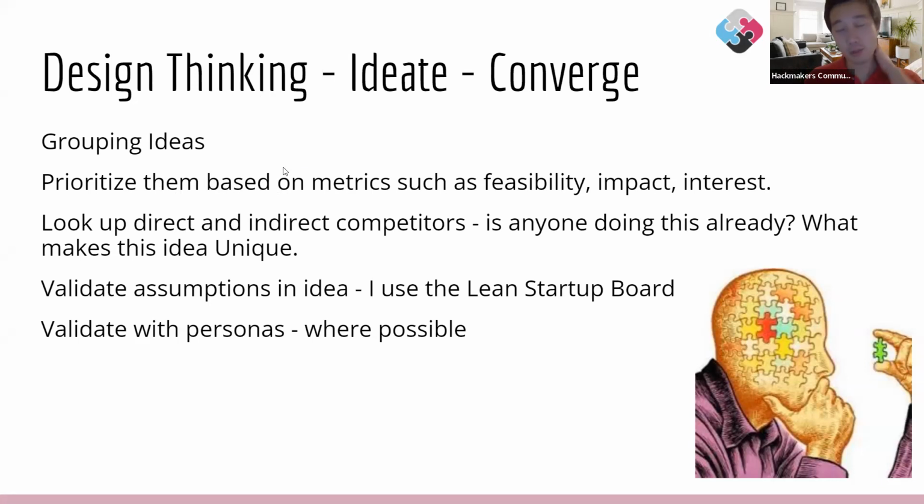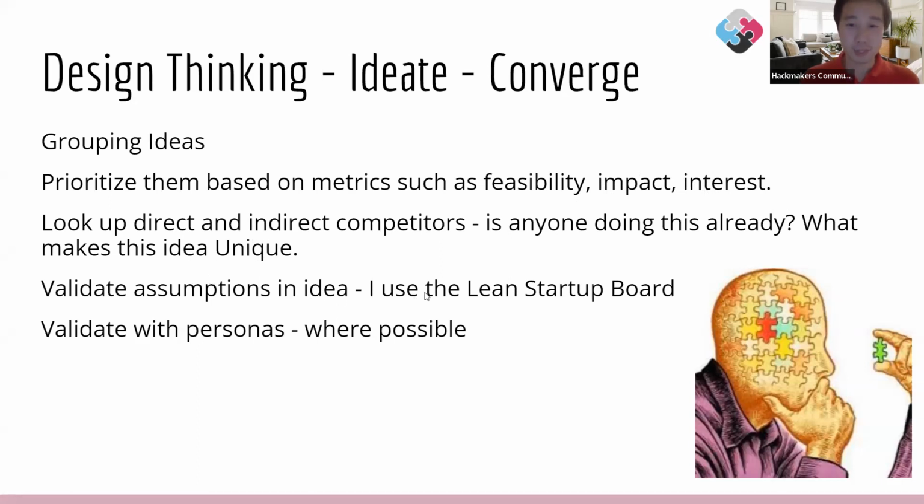You can prioritize them on matrices such as: this idea is great, is it feasible? What is the impact and interest to the team on this particular idea? Also try and look for competitors, if it's already done or not, or if it's something that's unique. Really start thinking about what makes this idea unique. If it's something that everyone is doing, then it's not really unique.